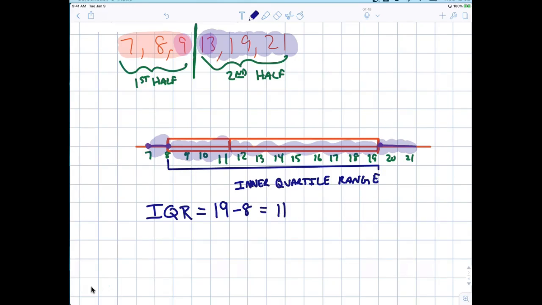So 19 is an important number and 8 is an important number. That is called the interquartile range. That means 50% of the data points are within 11 points of each other. All right.